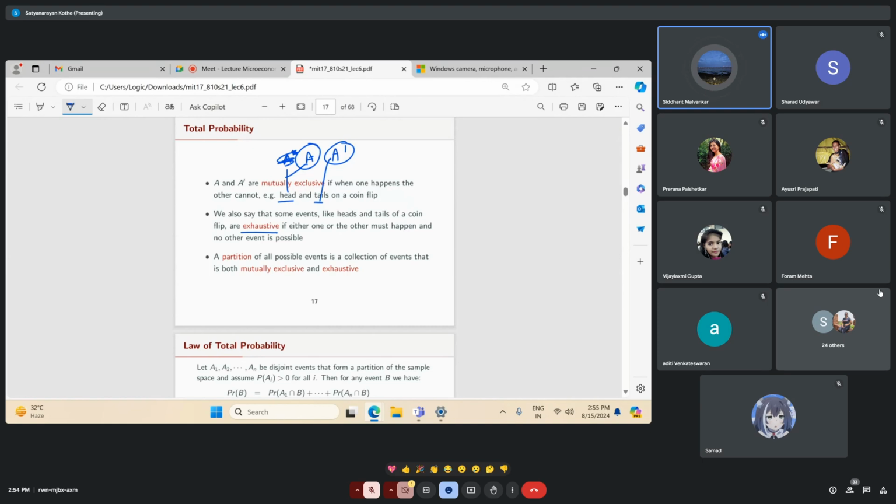So that is exhaustive. If we know that the events that can take place are 1, 2, 3, 4, 5, 6 in a roll of a die, all these are the only possibilities. So the exhaustive set of possibilities here is only 6.